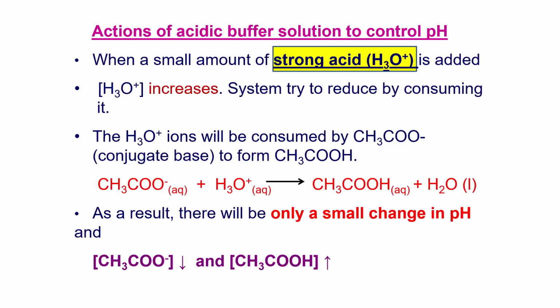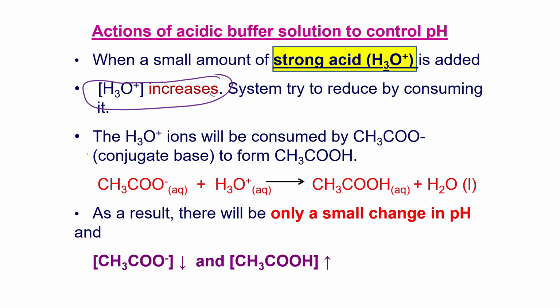Apakah action ataupun perkara yang berlaku bila kita masukkan H3O+ ataupun strong acid? When a small amount of strong acid is added, the concentration of H3O+ will increase. Okay, why it increases? Because kita masukkan acid. So system try to reduce by consuming it.